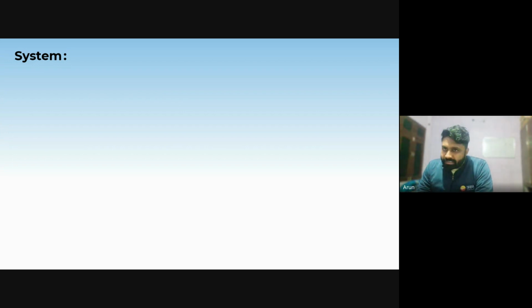Whatever we are studying, we are interested in the temperature of that particular system. We are interested in the pressure of that particular system, the energy, the heat of the system. So these are the properties, or the characteristics of the system that we are interested to know. That is system, the field of study.